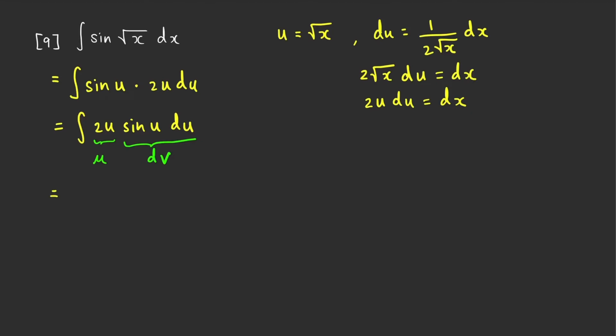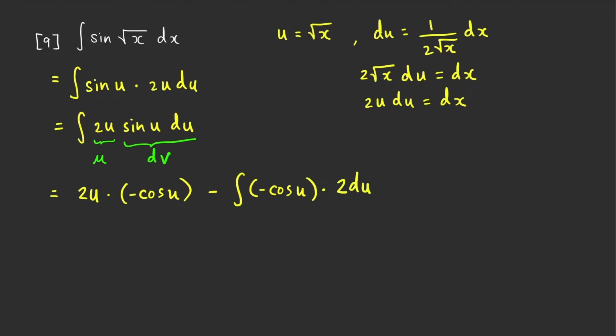So mu is equal to 2u, and v is the integral of dv. So you have the integral of sine u du, which is equal to negative cosine u. And then minus the integral of v d mu in this case. Your v is negative cosine of u, and your d mu is equal to 2 du.